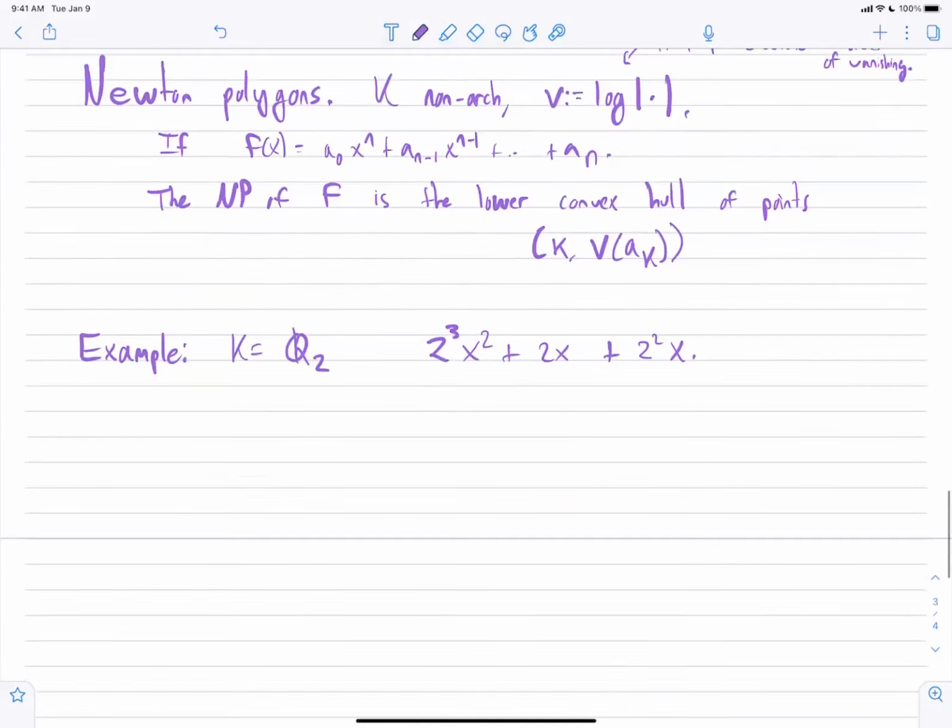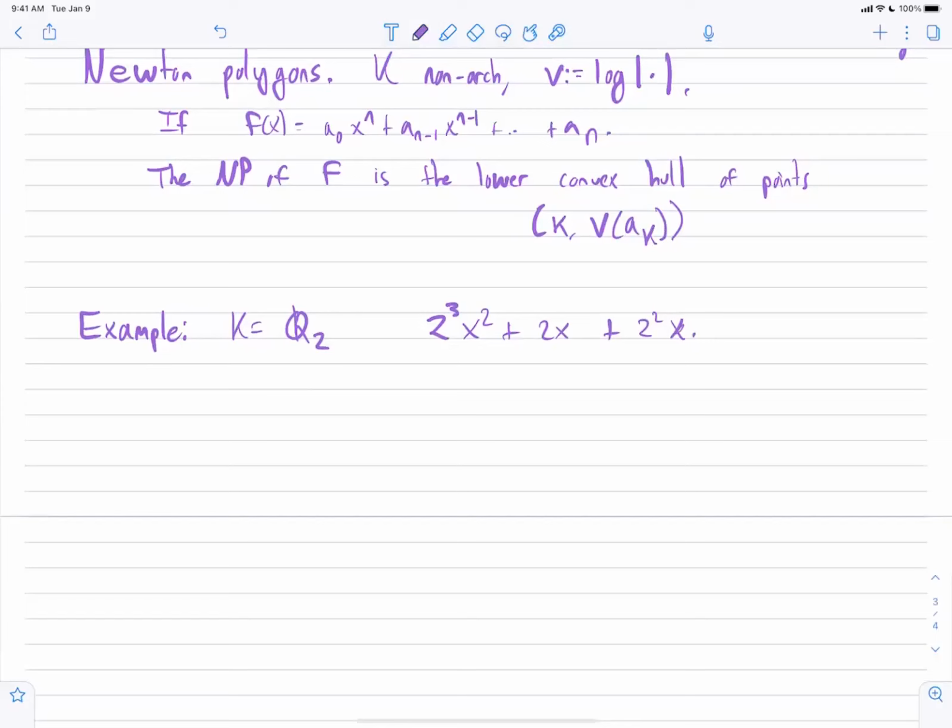Okay, we'll see what this looks like. So 2^2 is the constant term, sorry. Then I'm going to plot my points. The 0th coefficient is at 0, and my valuation is 2. Then go from 0, 1, 2. The next coefficient is 2, which has 2-adic valuation 1, so it's divisible by a single power of 2, so this goes here. Then the last coefficient is 2^3.